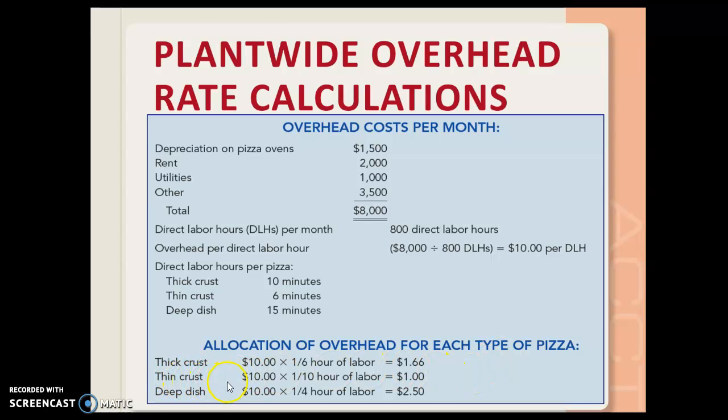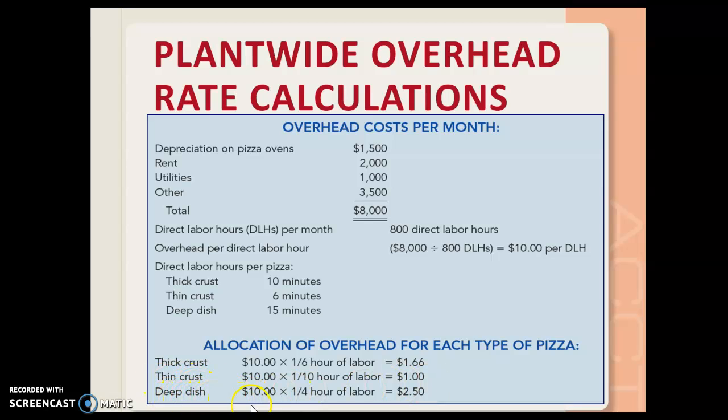The thin crust pizza is 6 minutes. So 6 minutes divided by 60 minutes, which is 1 hour, is 1/10 of an hour. The $10 rate times 1/10 of an hour is $1. So on every thin crust pizza we add $1 of overhead on top of the direct materials and the direct labor so that we know how much it cost us to make that pizza.